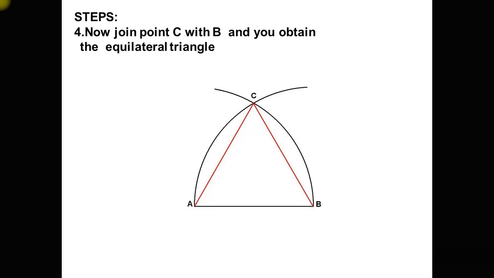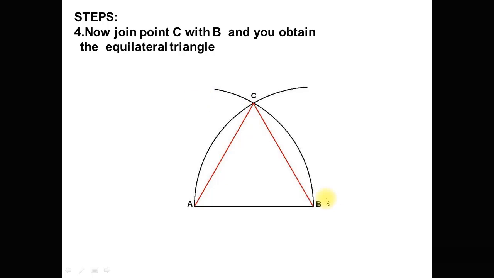So dear students, I would like to repeat the procedure of how to construct an equilateral triangle. In an equilateral triangle, all three sides' lengths are equal. So we have only one side. For example, one side is 4 centimeter. Definitely the other two sides will also be 4 centimeter. First of all, draw the base, for example line AB, 5 centimeter, 4 centimeter, 6 centimeter, etc. Then put the compass at point A and open it to point B and draw the first arc.